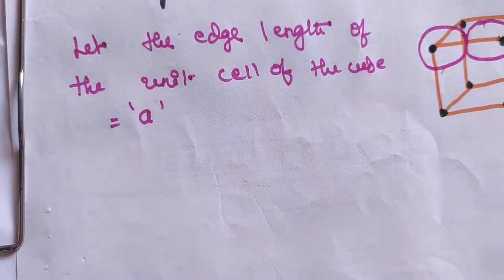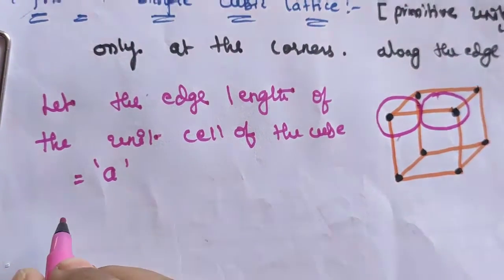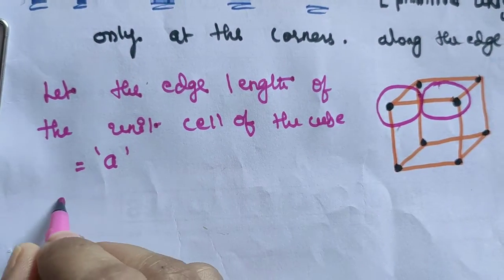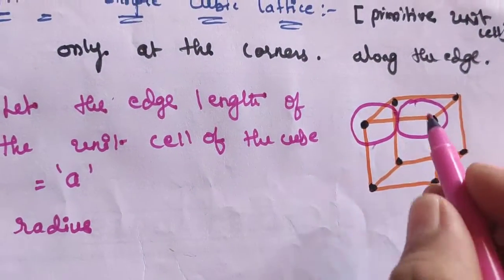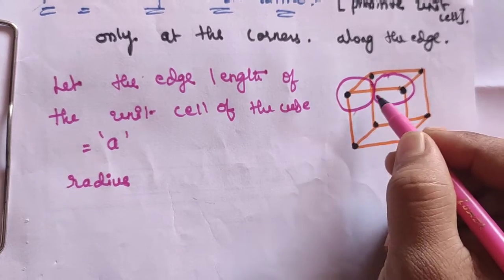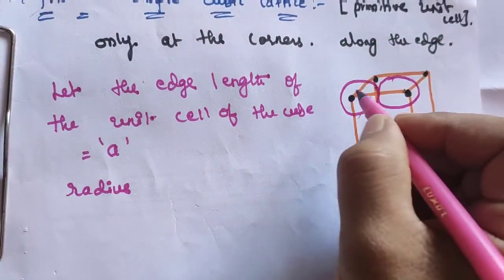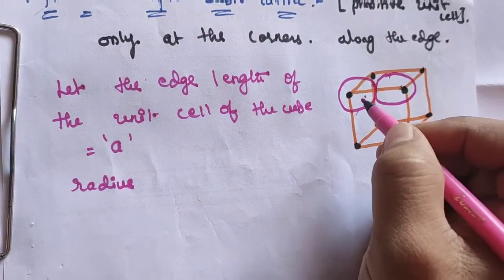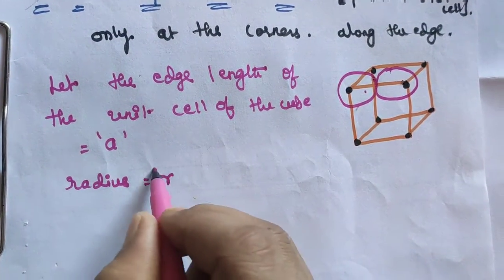Then the radius of each particle: what is radius? The radius is half of the distance between the centers of two particles in contact. So here the radius of each particle is considered as r.